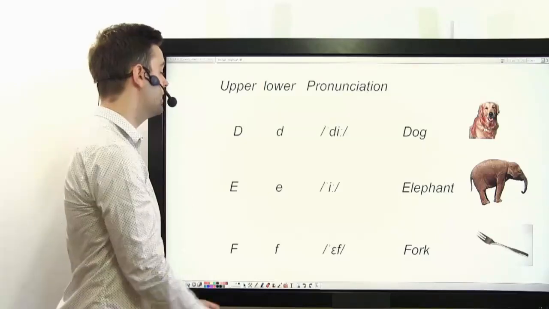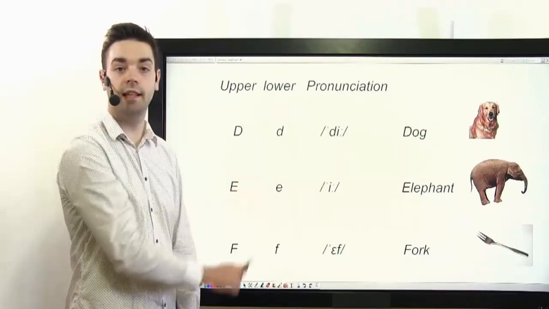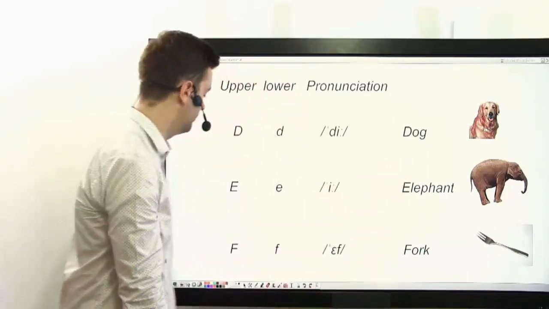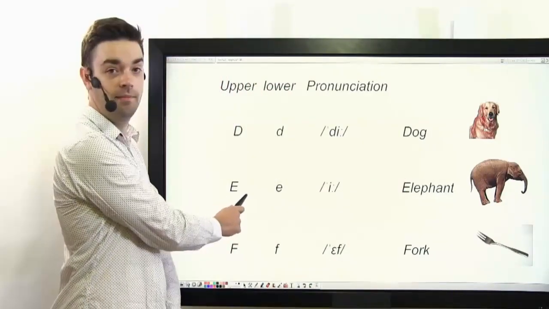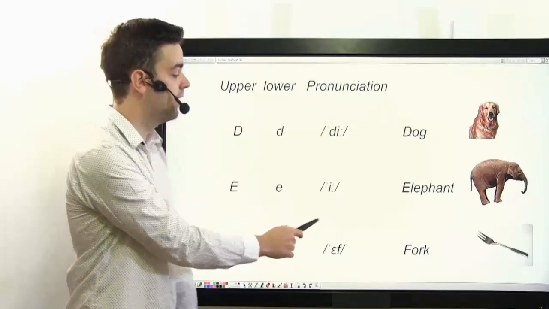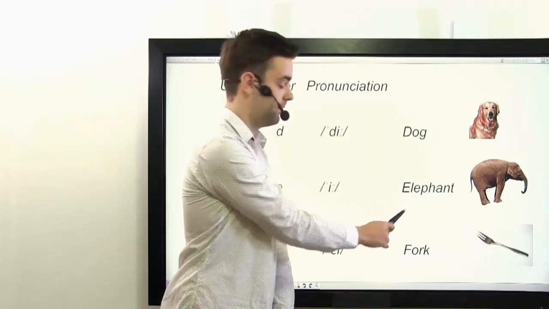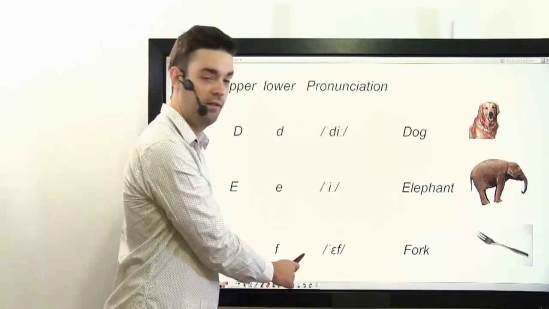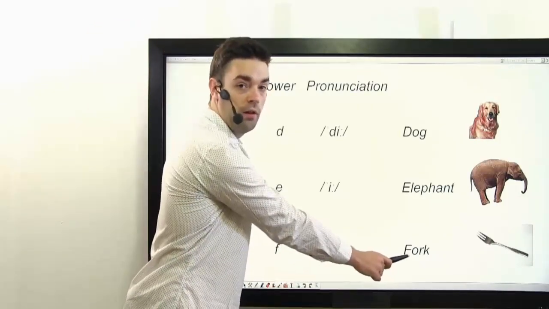Then we've got D. D is for dog. E is for elephant. F is for fork.